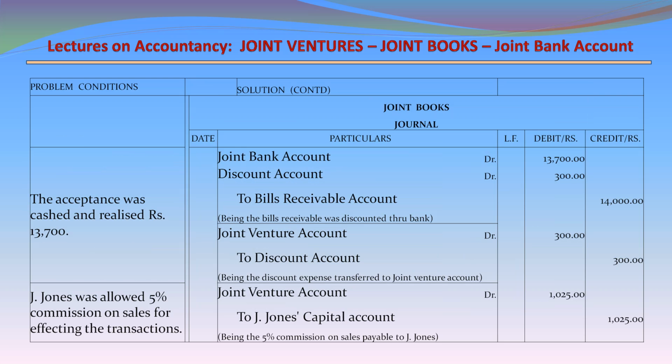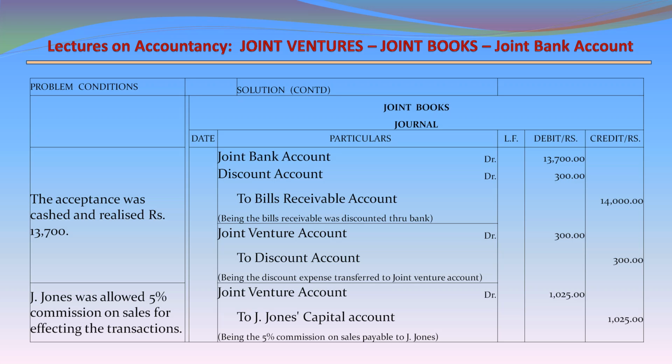Next transaction. The acceptance was cashed and realized 13,700. Joint bank account debit 13,700, discount account debit 300, to bills receivable account 14,000, being the bills receivable discounted through bank. Joint venture account debit 300 to discount account 300, being the discount expense transferred to joint venture account.